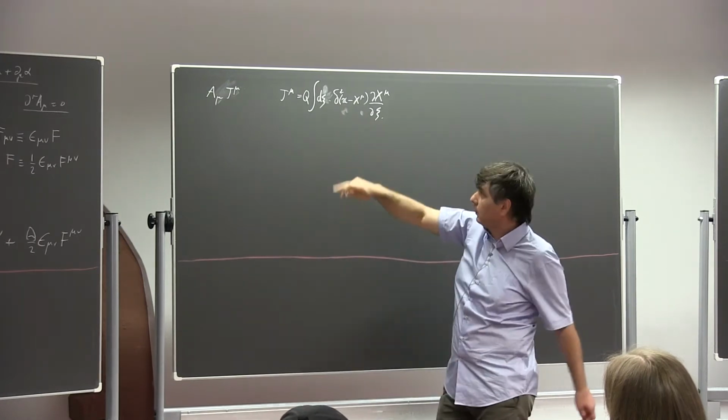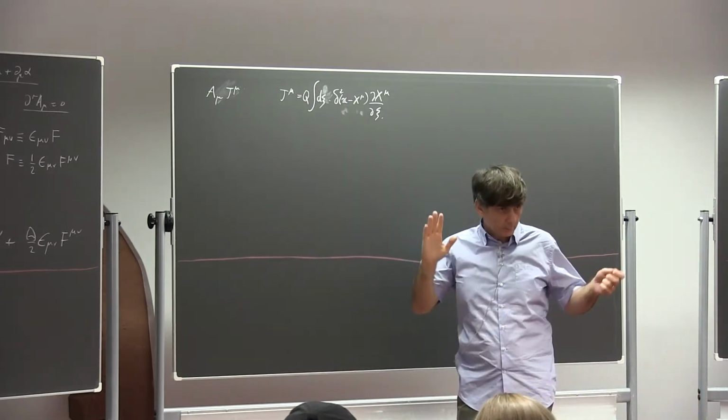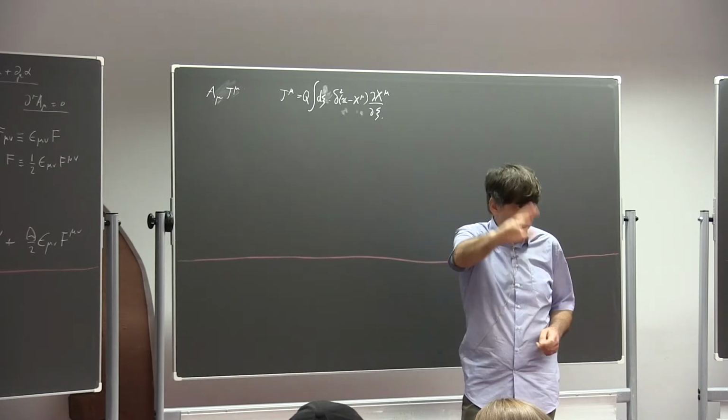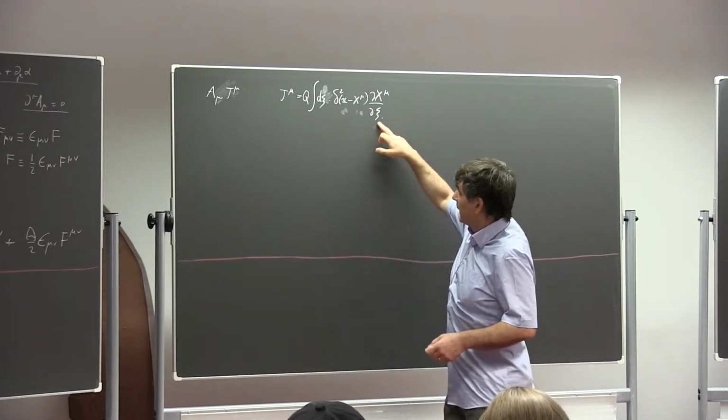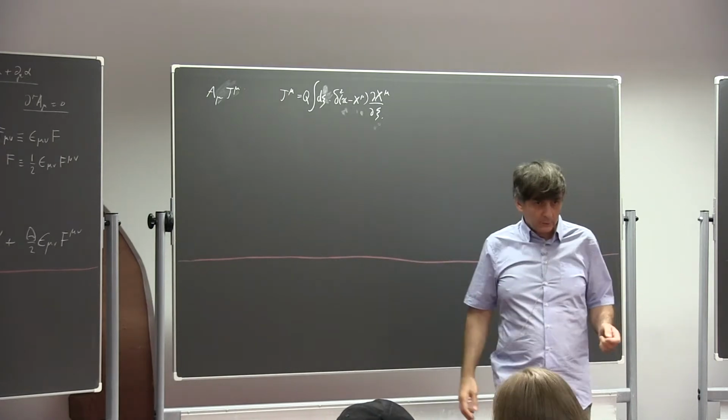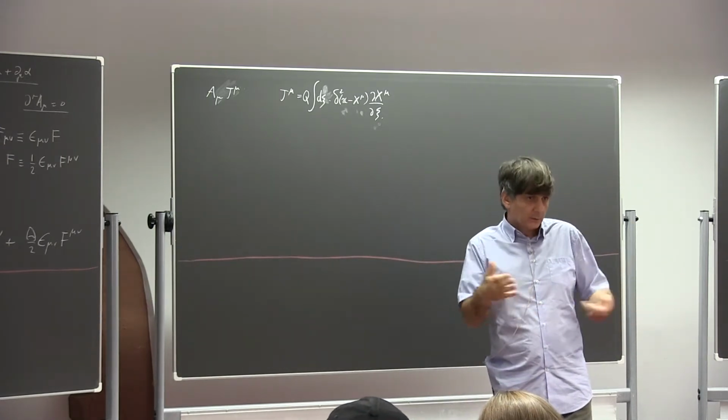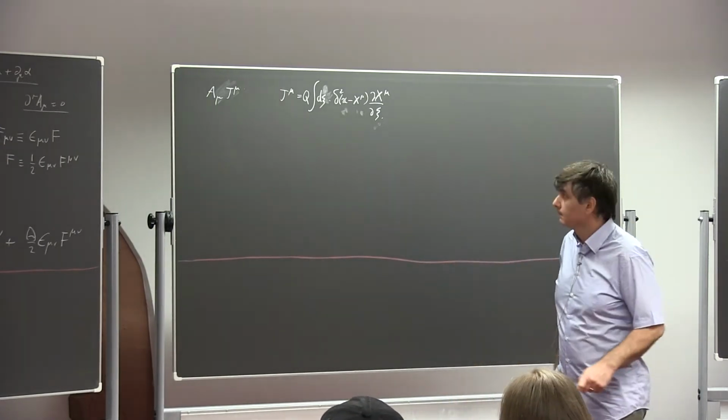Little x is our coordinate, big X is the embedding of the boundary. It's the history of the boundary in the space, and xi is the proper world-volume coordinate on the boundary. In this case, there is only one.